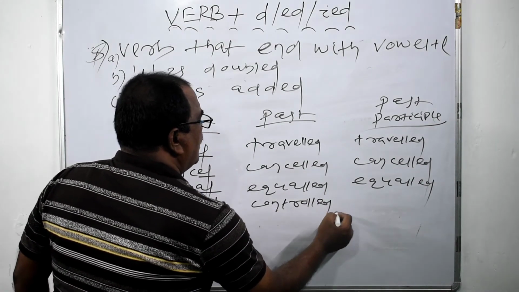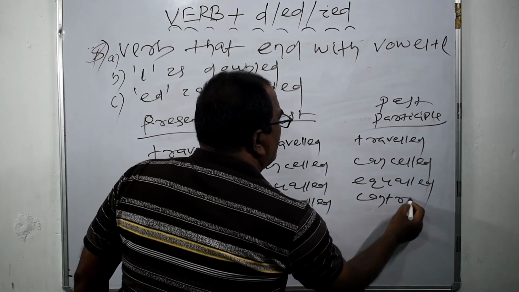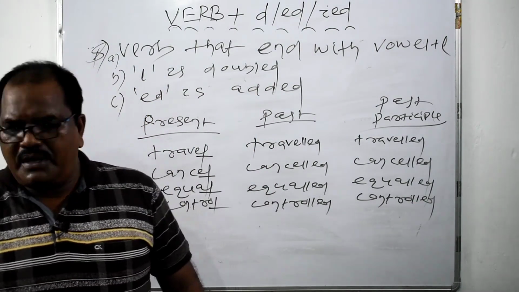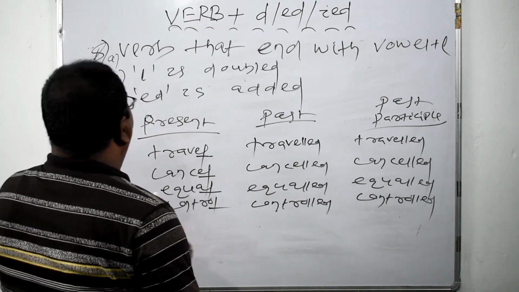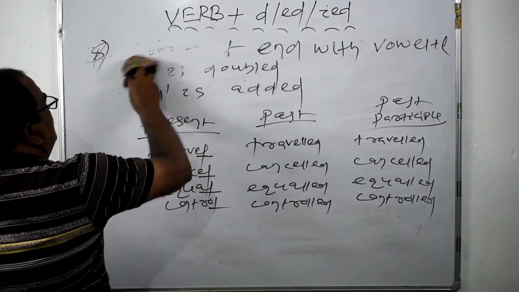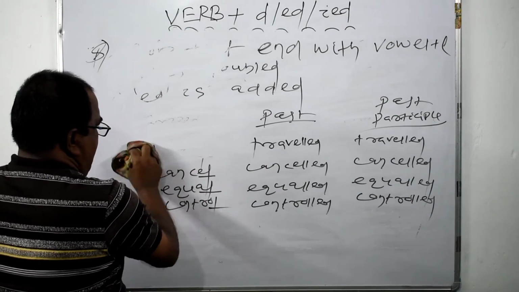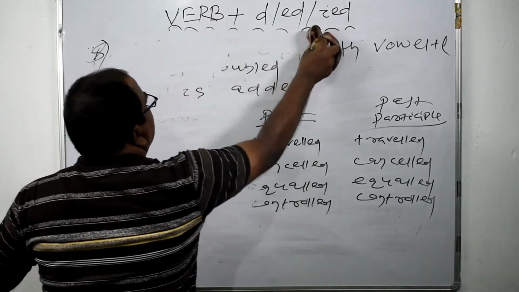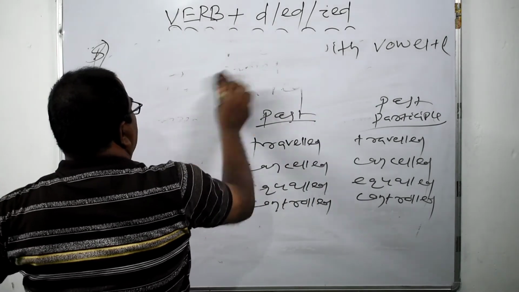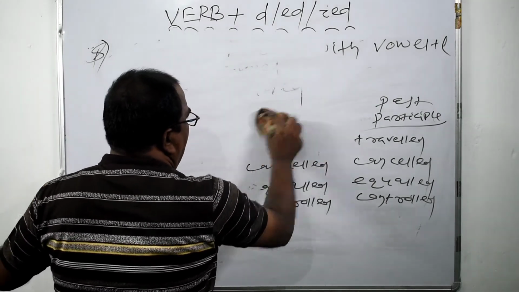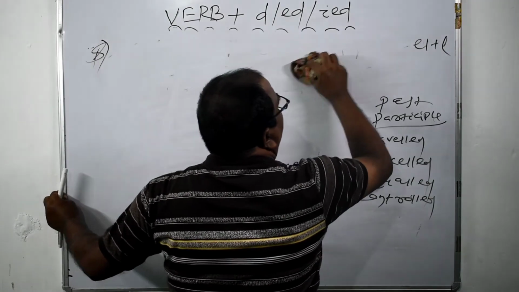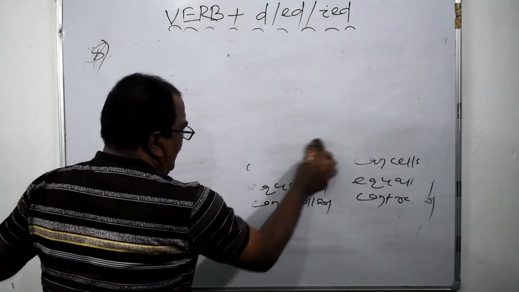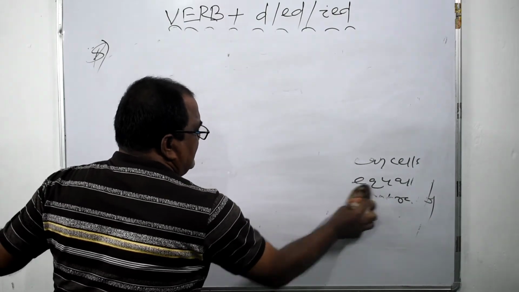Control, controlled. Most important point you have to remember here is that in American English, the last L is not doubled in this rule, but in British English we have to double the last L as we follow the British English.